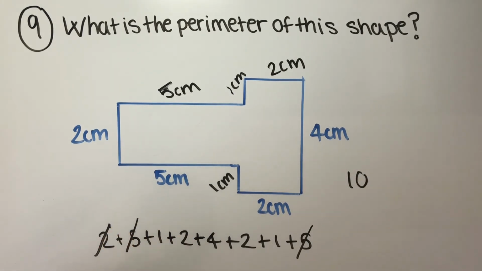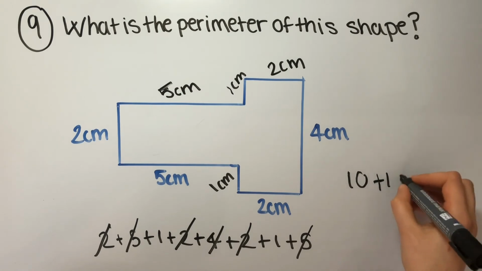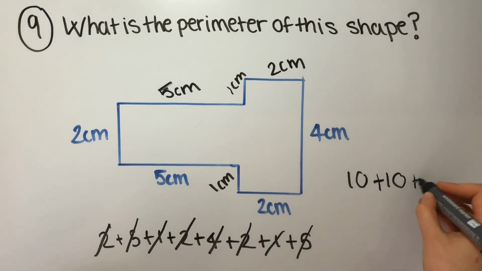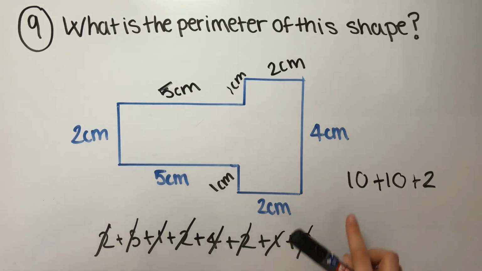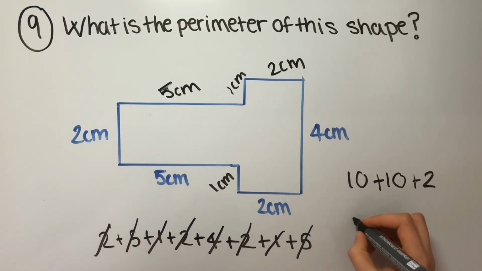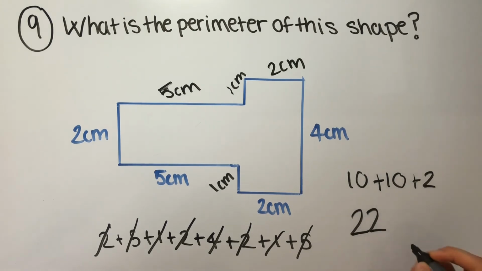We've got 2, 4, 6, plus the 4 gives us 10. And then we're left with 1 and 1, which gives us 2. 10 plus 10 is 20, plus 2 is 22. The perimeter of our shape is 22 centimetres.